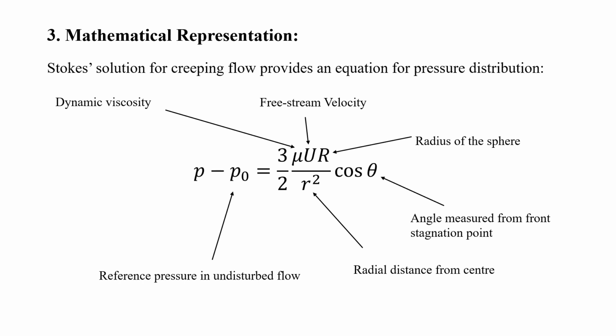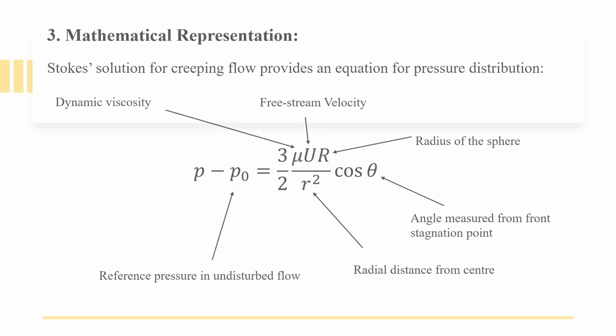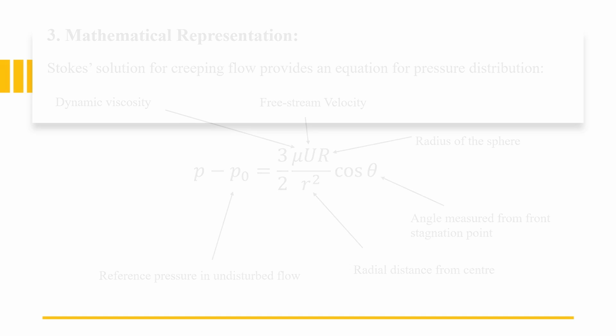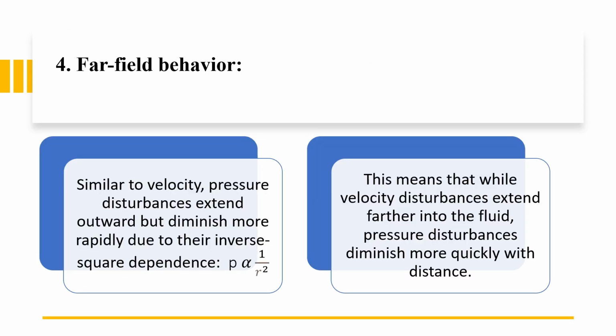This equation helps us understand how pressure changes around the sphere. It shows how the pressure varies with distance and angle from the sphere, showing higher pressure at the front, lower at the equator, and lowest at the rear.